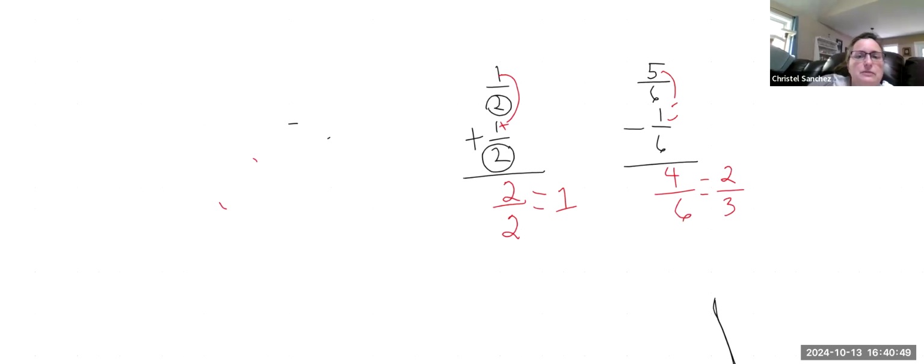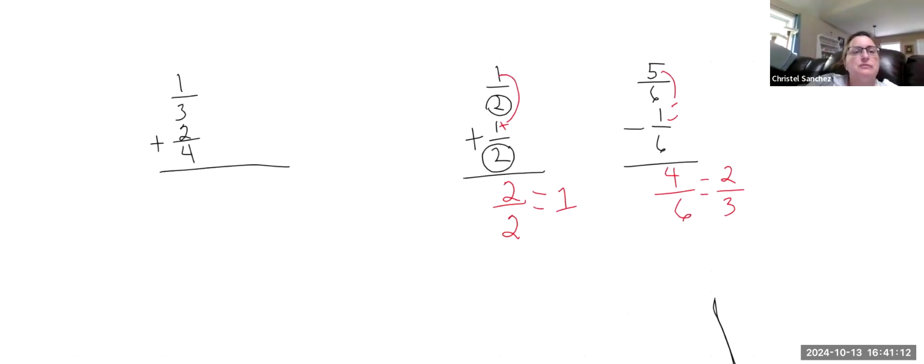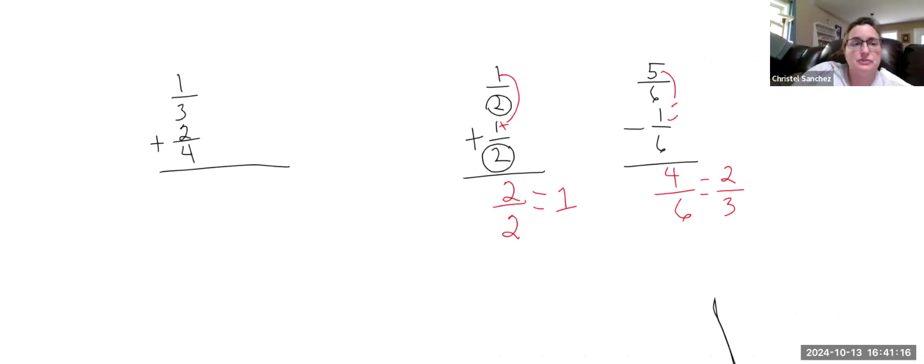All right, so let's say we had 1/3 plus 2/4. There are 2 different ways that you can do it, but I'm going to show y'all the way that I find is easiest for the students.